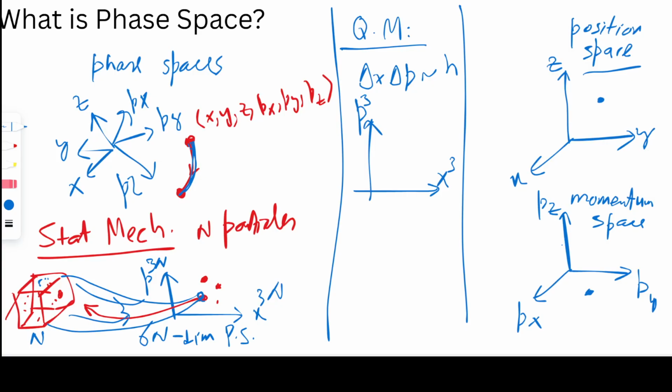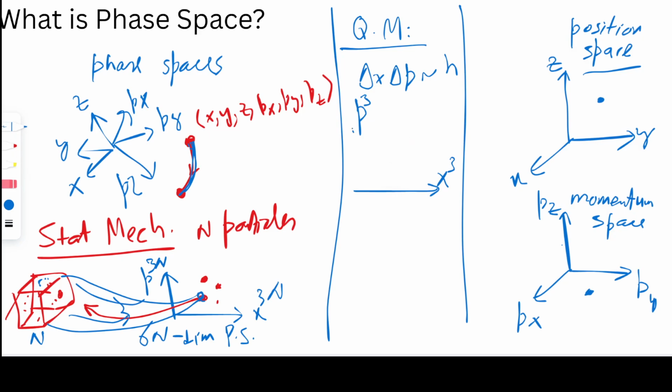So for example, for a ground state of a harmonic oscillator, there will be something like this blob, where if I draw it in two dimensions, in one dimension, this would look like something like this. So there's a higher probability distribution in the center and lower probability distribution as we move around.